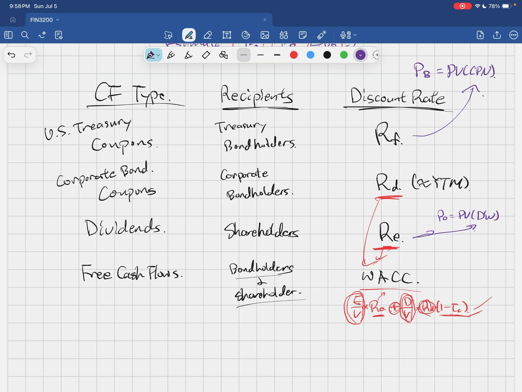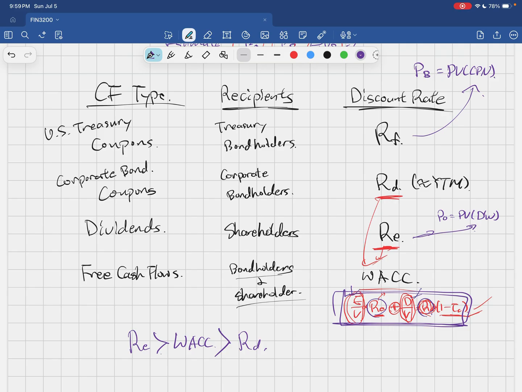And lastly, we've already established that RE is greater than RD. But we now have something new, WACC. Mathematically, WACC has to be somewhere in between RE and RD, since we're taking the weighted average.